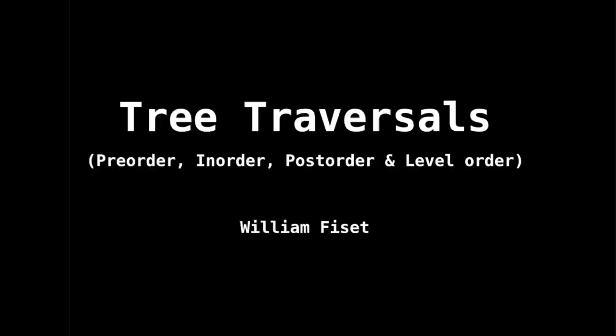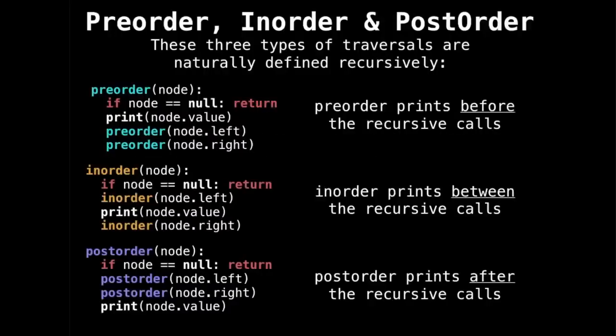Alright, I want to finish off binary trees and binary search trees with some tree traversals, in particular pre-order, in-order, post-order, and level order. You see these tree traversals come up now and again, so they're good to know. I want to focus on pre-order, in-order, and post-order to begin with because they're very similar.